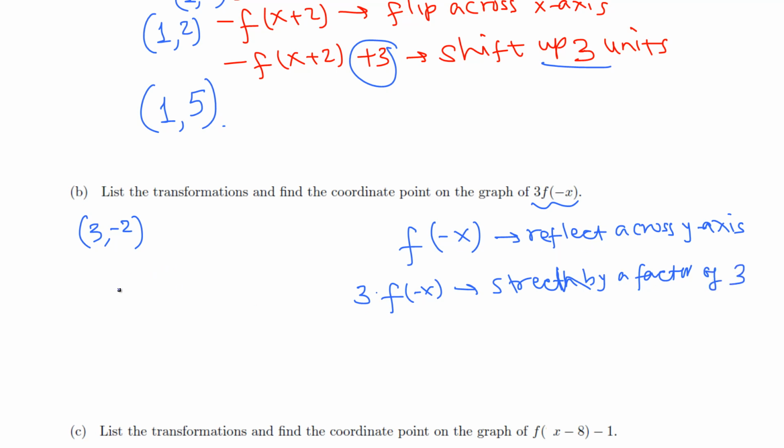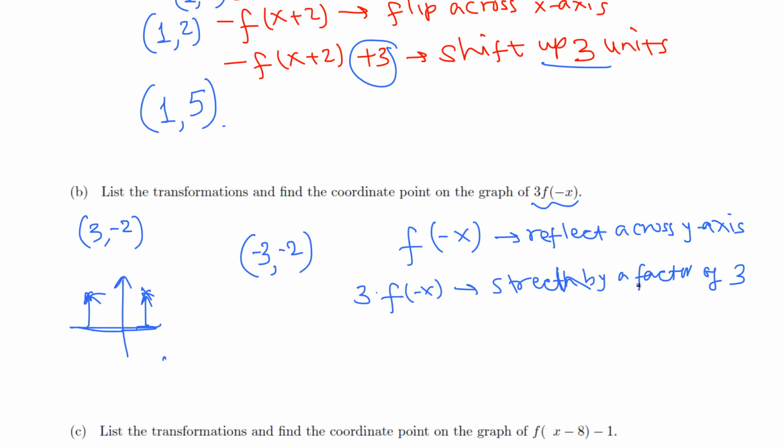When we reflect about the y-axis, the y coordinate will be the same, but this x will be flipped. So (3, -2) will be here, so this x coordinate will be changed. So this is -3.